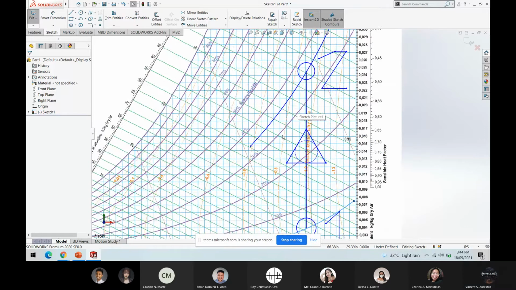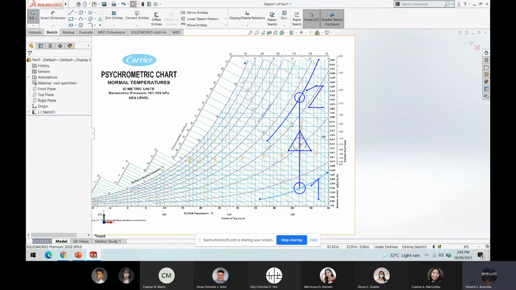So the relative humidity in state 2 is greater than in state 1, therefore the relative humidity in humidification is also increasing. Therefore, all psychrometric properties except the dry bulb temperature are increasing in humidification. The dry bulb temperature is constant.